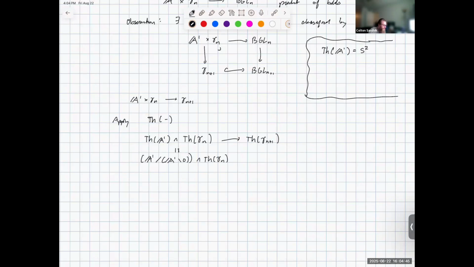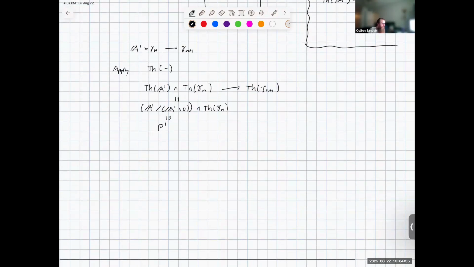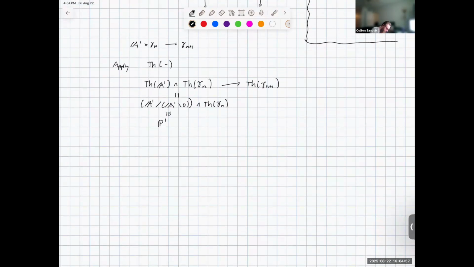And from before, we can identify this with P1. So we get maps from P1 smash Gamma n to Gamma n plus 1, and we should imagine this is very analogous to what we did for topological K cobordism.